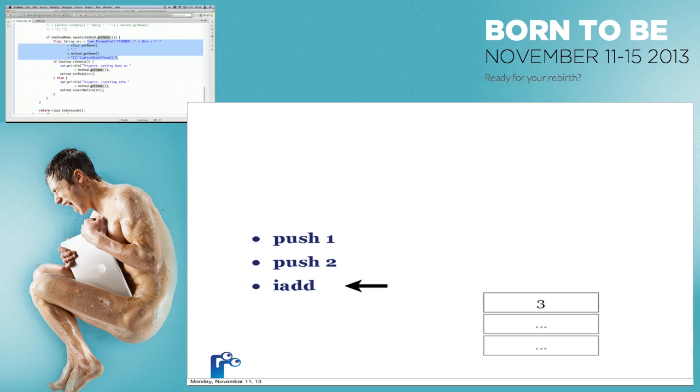I can still fiddle with methods. I can do this: if the method is empty, I'll set the body to be this code, which Java Assist will compile for me. Or, if the method actually exists, I can insert before. What do I do here? I create a new throwable, and I call printStackTrace on that throwable.